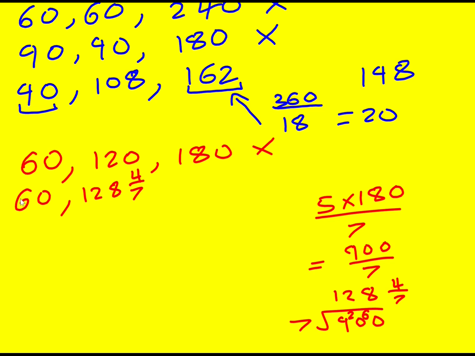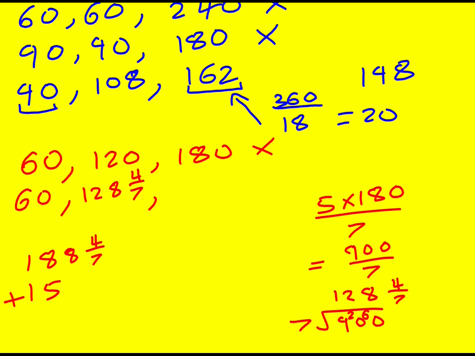So if I combine my equilateral triangle with a heptagon, I'm going to get, when I add these two together, 188 and 4/7. So I need to subtract this from 360, or think what do I add on to get to 360? It's going to be 150.